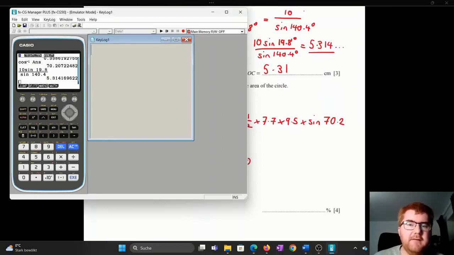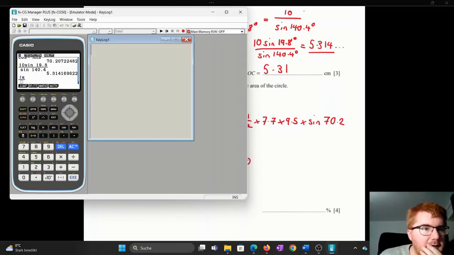So if we pop this in, we get area of the circle, so that's shift pi times, now the answer to this 5.314 is our radius, so we can go answer squared minus the area of the triangle, so that's 0.5 times 7 times 9.5 times the sine of 70.2, close bracket.